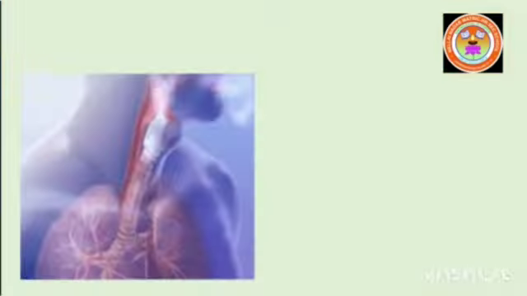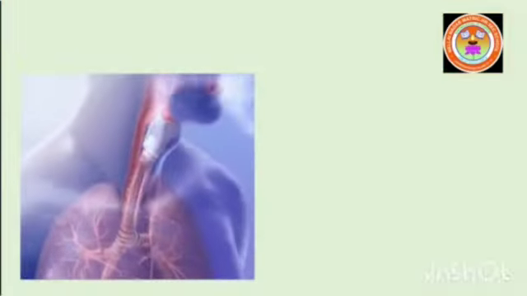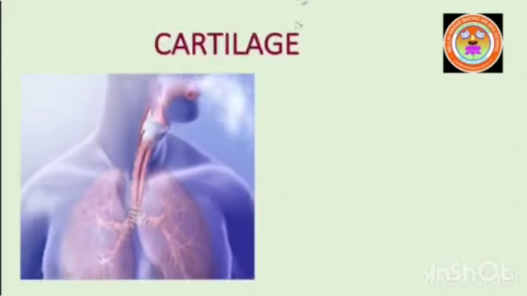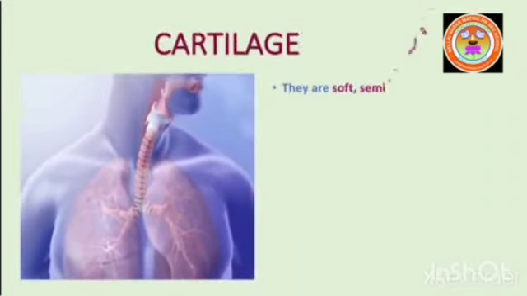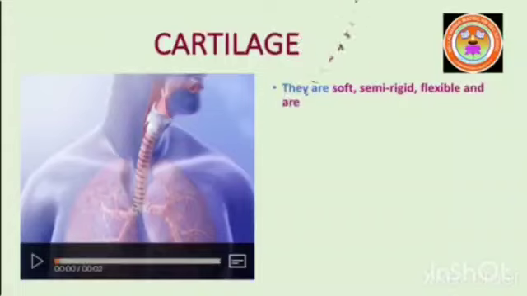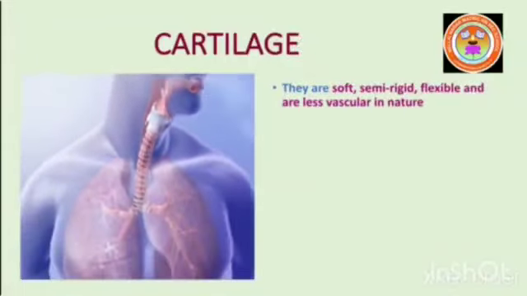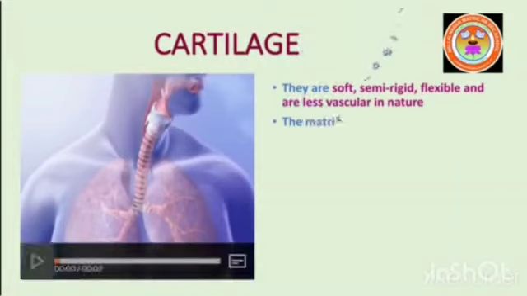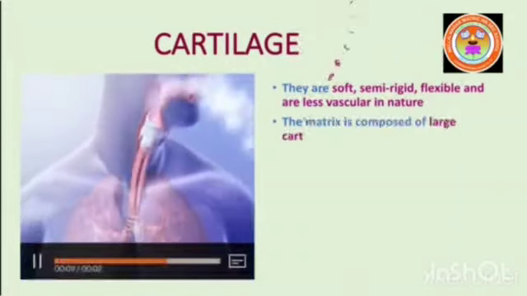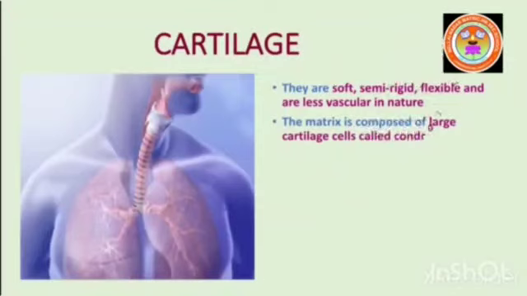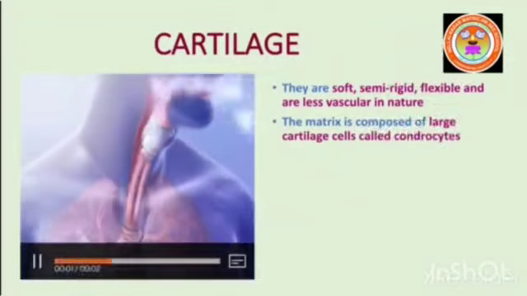Now, let us see about the cartilage. They are soft, semi-rigid, flexible and less vascular in nature. The matrix is composed of large cartilage cells called chondrocytes.